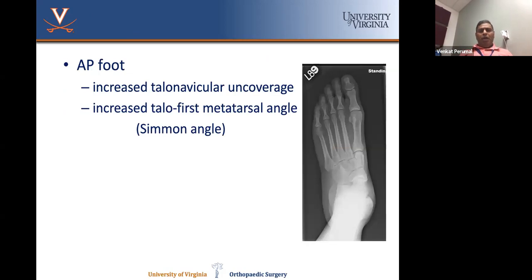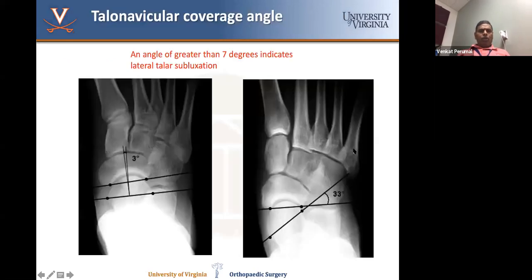So this is the AP of the foot. A couple of things we see on the AP of the foot: there is increased talonavicular uncoverage, meaning that this is the talus and this is the navicular. Since there is abduction of the foot going out, there is uncovering of the talus right there. And the long axis of the talus going straight and the long axis of the metatarsal do not form a straight angle either.